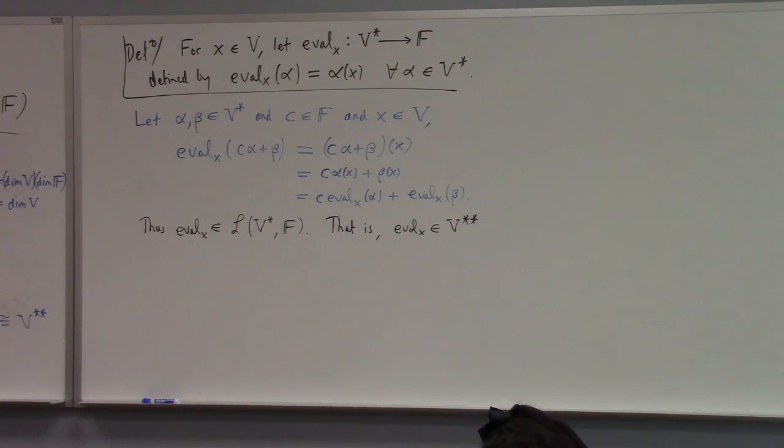So this evaluation map is interesting because it shows us how we can build an isomorphism from a vector space to its double dual. Here's how you do it.